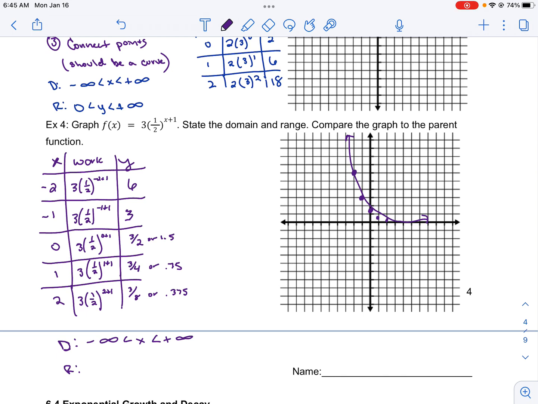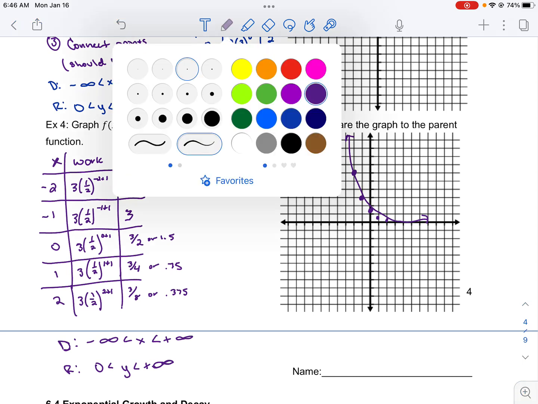It's going to be an up or down shift, but it's going to be based off of that 0. So if I look at this, how far down does my graph go? My graph goes down to 0 and up to positive infinity. Again, there's going to be a shift on that.